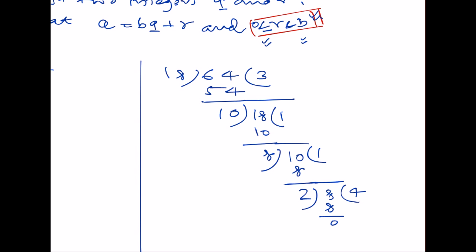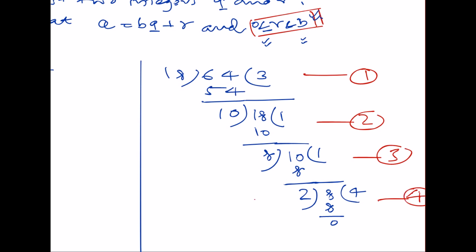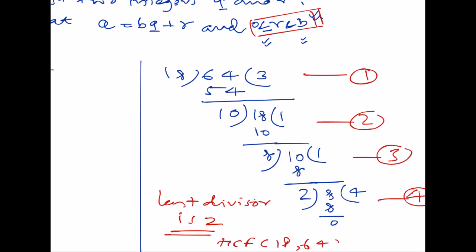So you can see here we have several steps: step number 1, step number 2, step number 3, step number 4. And in the last step, the last divisor is 2. So the last divisor is the HCF of these two numbers, 18 and 64.